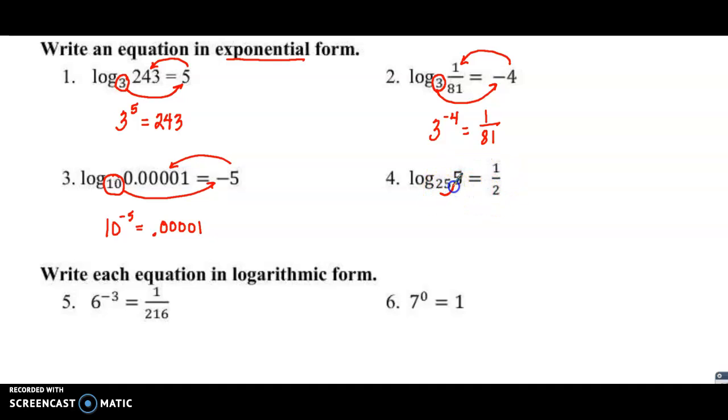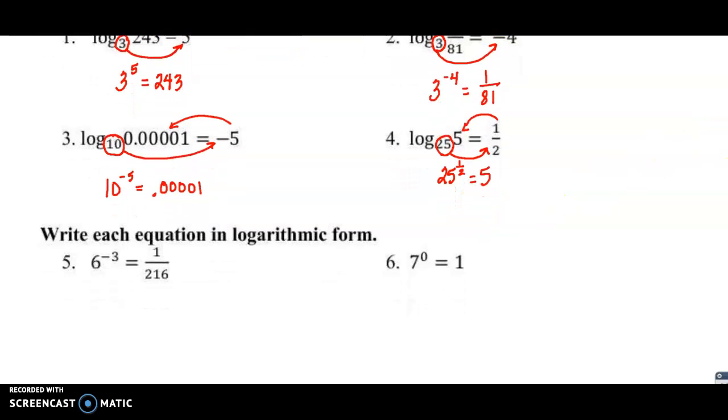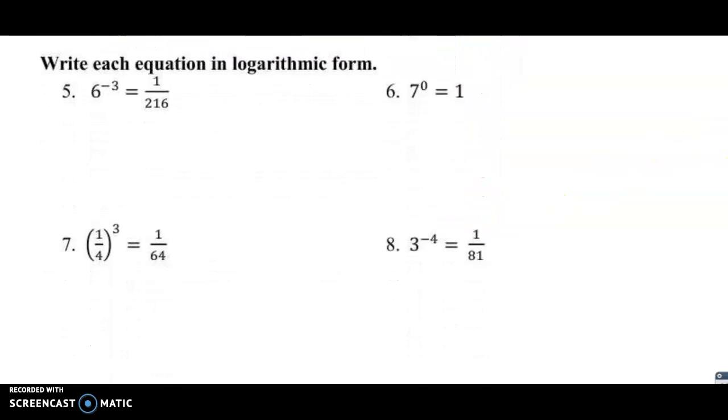Same thing here, start with my base, 25. It will be raised to this power, 1/2, is equal to this stuff, 5. And every single time, if you use the little circle, it'll help you write your exponential form.